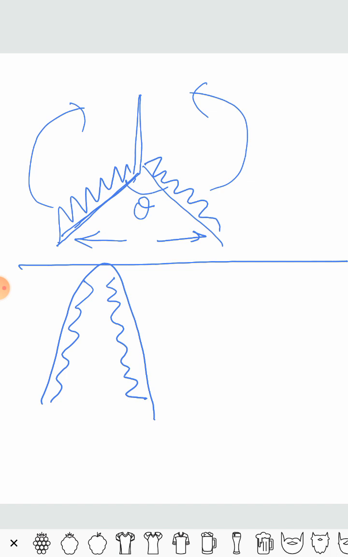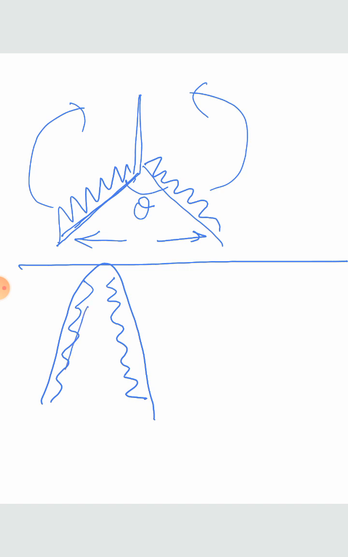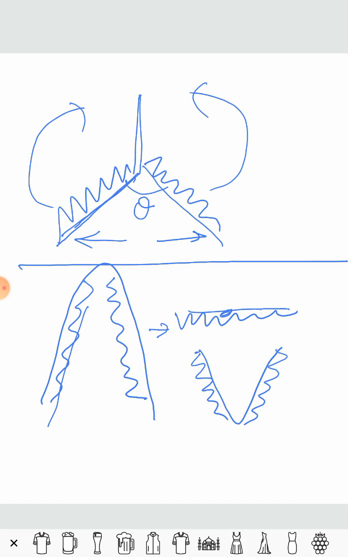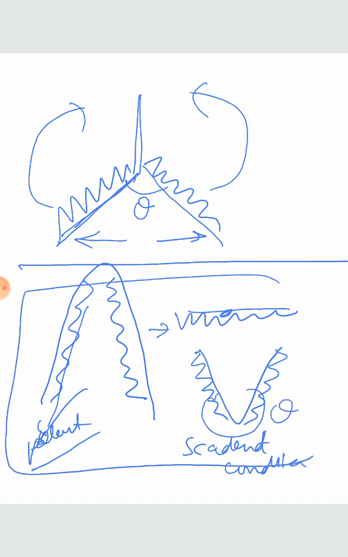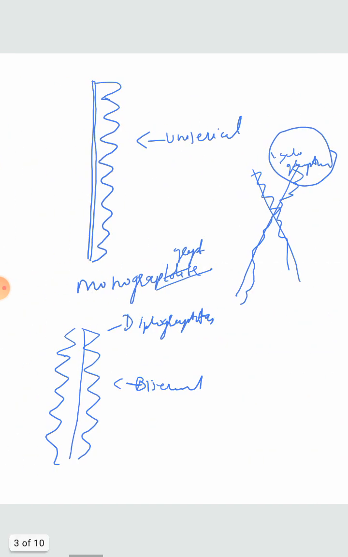In this condition the theca are hanging downwards. Then eventually they become horizontal, and then they get inverted, so they are hanging upwards. This is called the scandent condition, and this was the pendant condition. The angle between them is called the angle of divergence. So these are the things about the graptolites. Thanks.